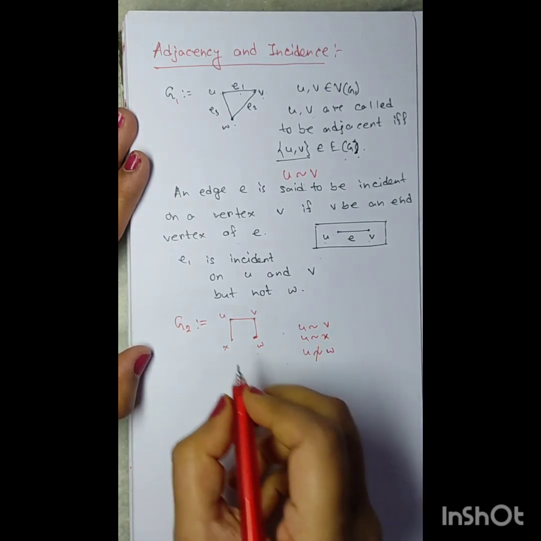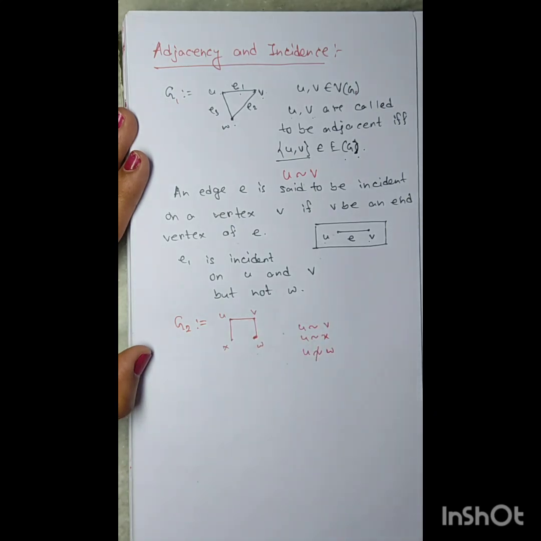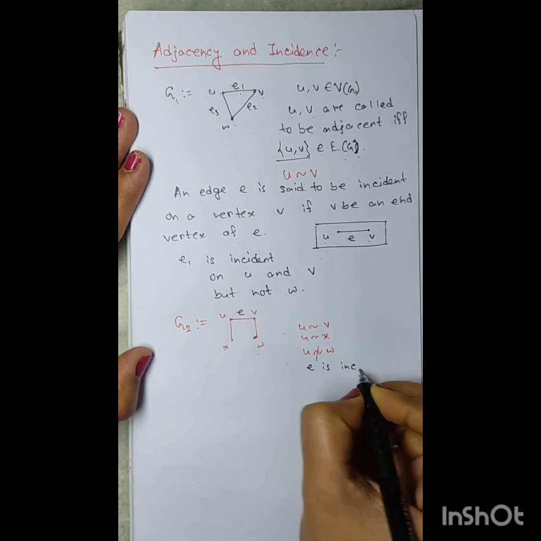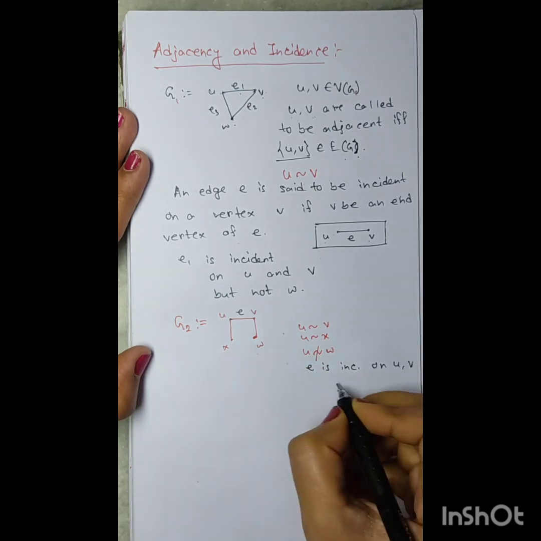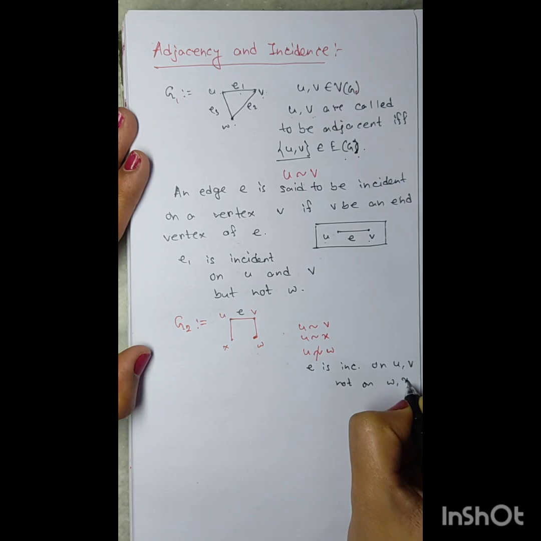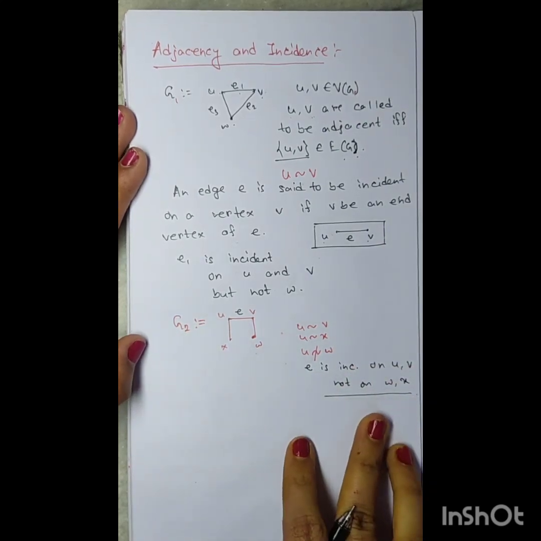And also, if we name this edge to be e, so e is incident on u and v, but not on w and not on x. So now the adjacency and incidence is clear to us.